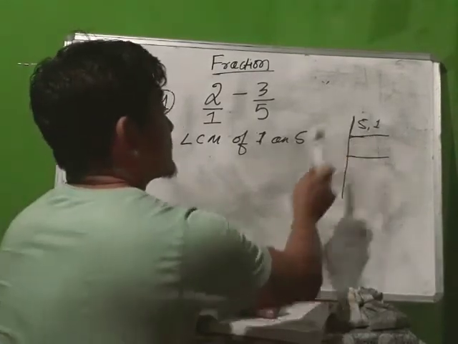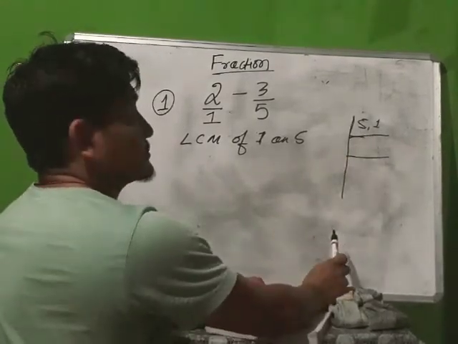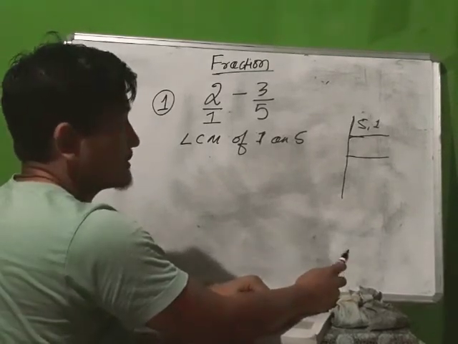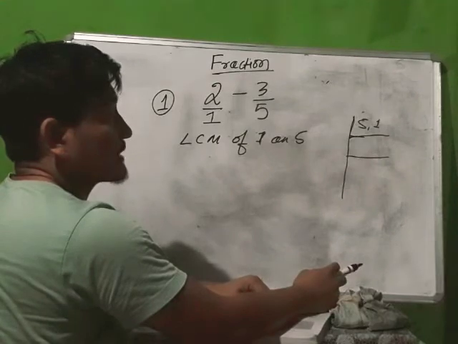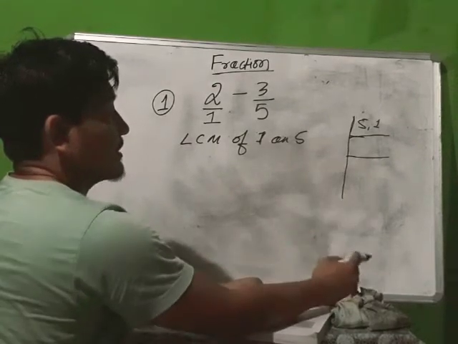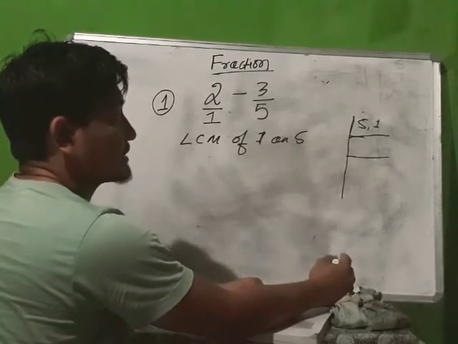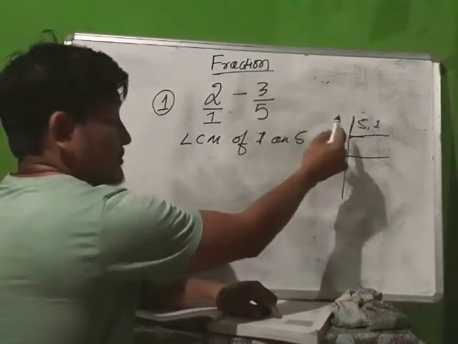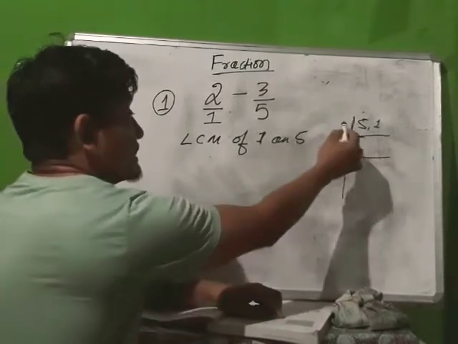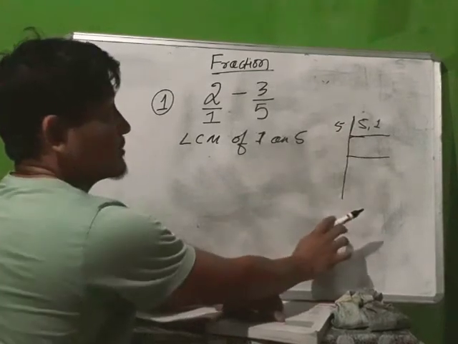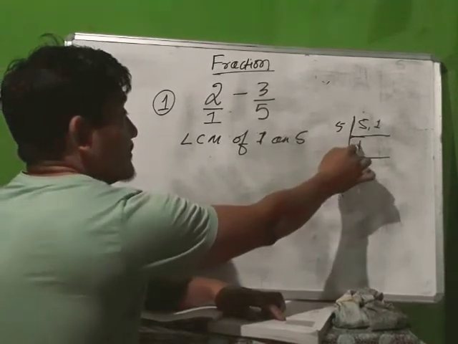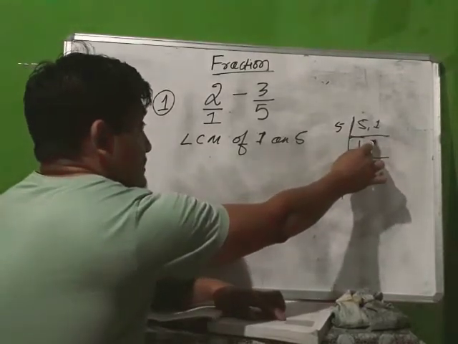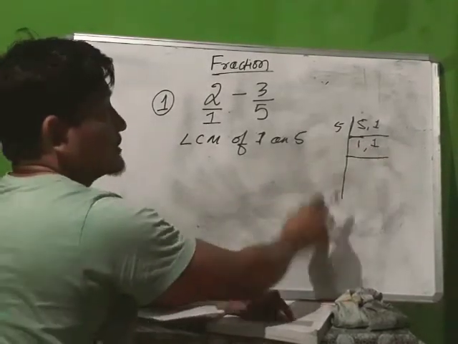To find the LCM, we will use the prime factorization method. So 5 and 1 are there. To get the LCM of 5 and 1, you start dividing by 5. 5 ones are 5, and here you have 1, so you just write 1 here.